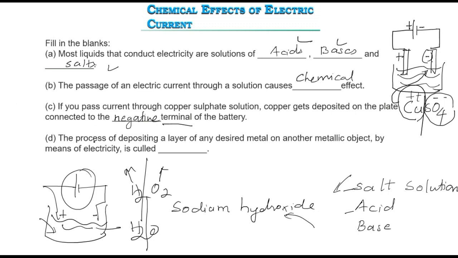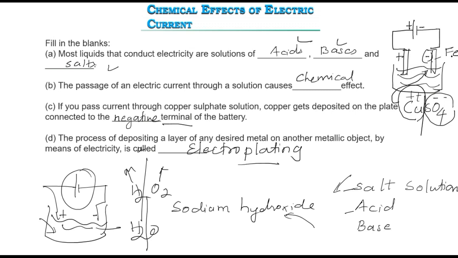Next one, the process of depositing a layer of any desired metal on another metallic object by means of electricity is called electroplating. We have studied this, electroplating, right? Please recall the previous video. Electroplating is a process of depositing, let's say there is iron here, iron is Fe.